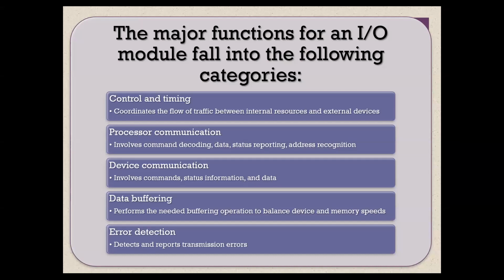Another class consists of unintentional changes to the bit pattern as it is transmitted from device to the IO module. Some form of error detecting code is often in use to be able to detect transmission errors.